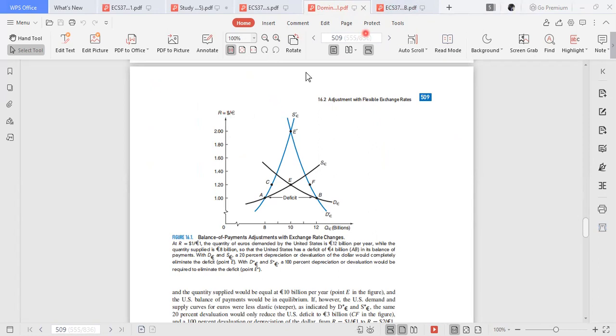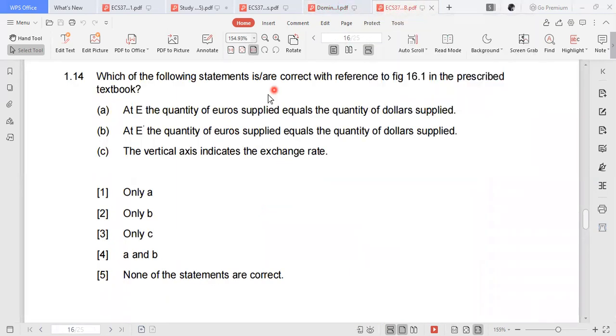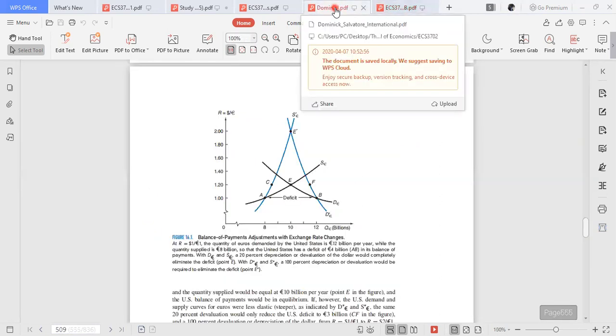Okay, those are the options that we are having: at E, the quantity of euros supplied equals the quantity of dollars, and the other one, E prime, which states that the quantity of euros supplied equals the quantity of dollars supplied. These two do not make sense.